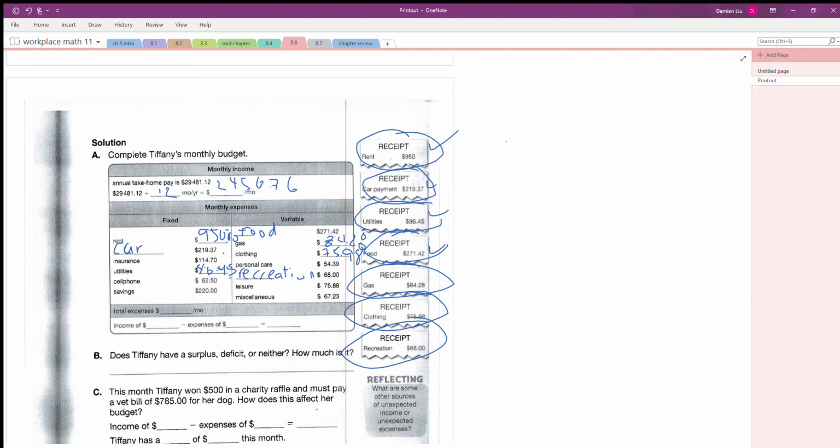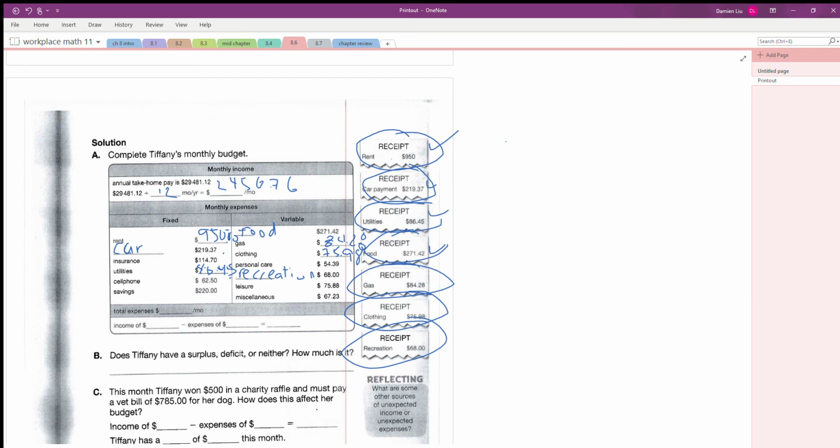So we have 950 plus 219.37 plus 114.7 plus 86.45 plus 62.50 plus 220 plus 271.42. Even though they're variable expenses, they're still expenses, so I'm going to keep going.